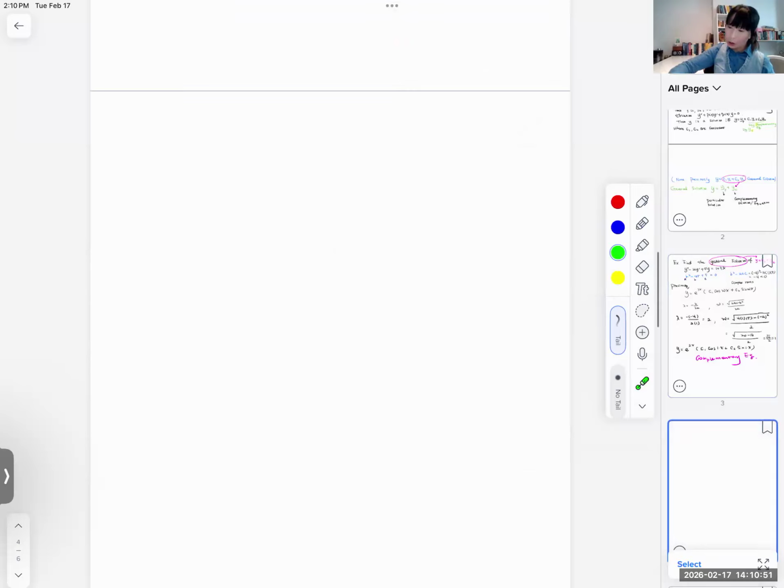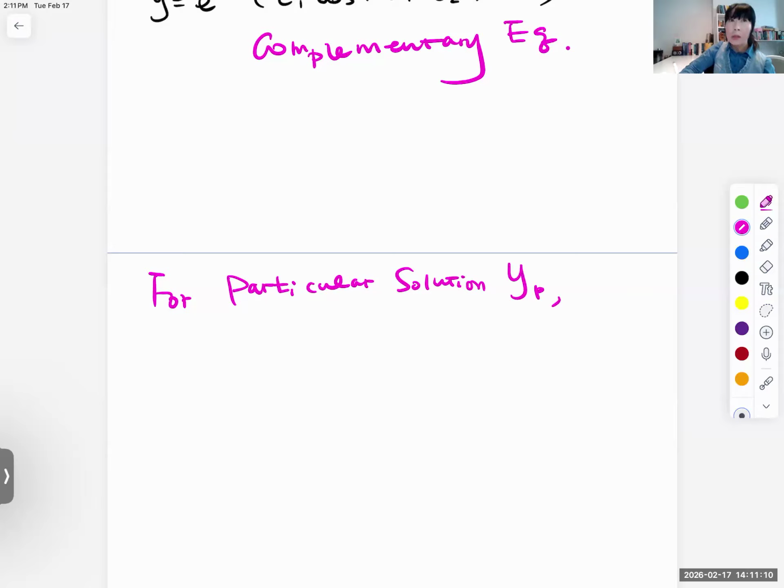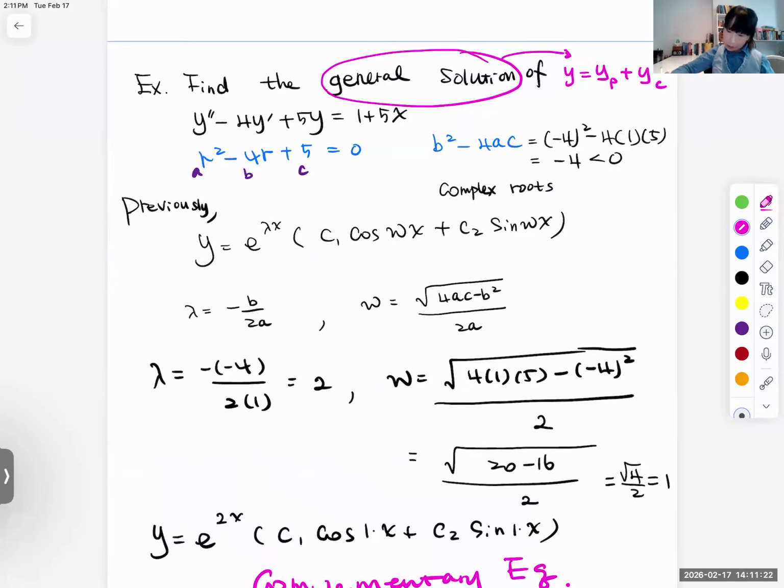Okay, so the particular solution, y sub p, right? Let me bring the original equation here.